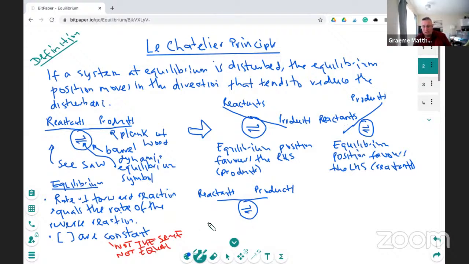So you put down the equilibrium position doesn't favor either side.